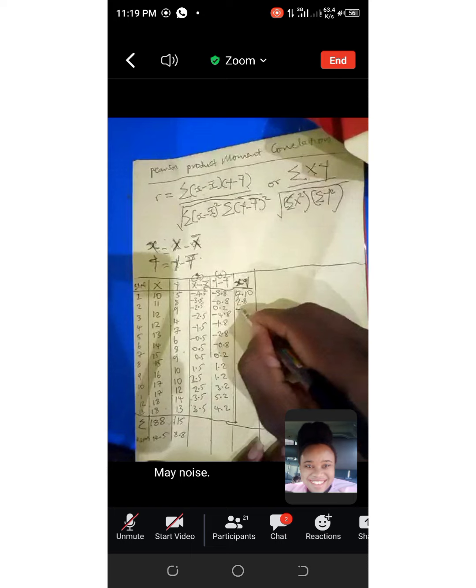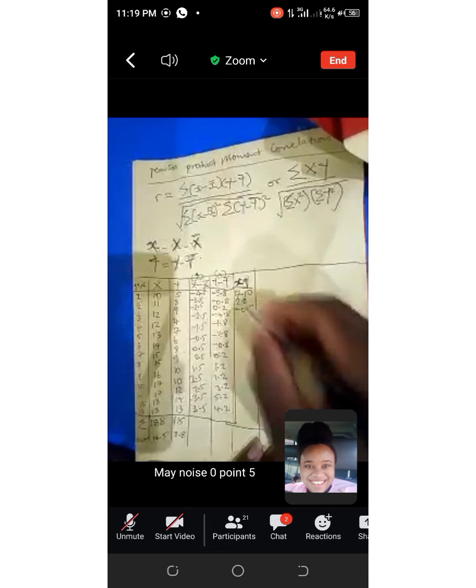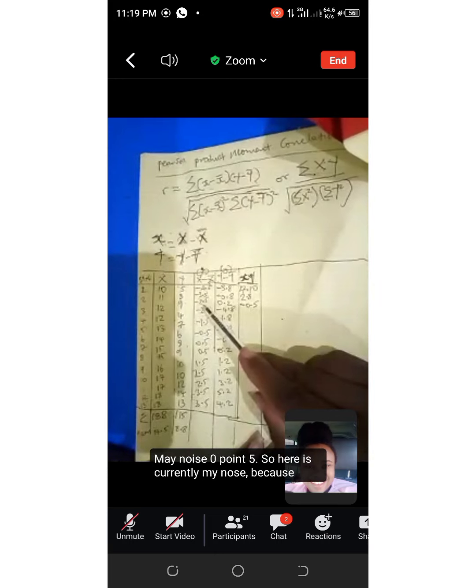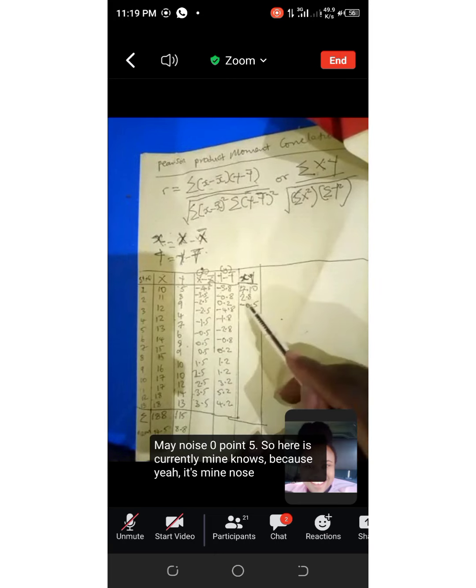Minus 0.5. So here I'm minus because here is minus, here is plus. So minus times plus is minus. That's why this one is having a negative value.